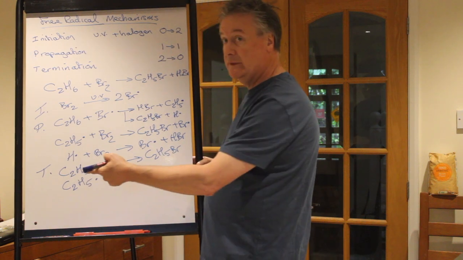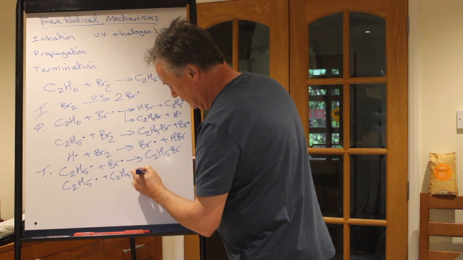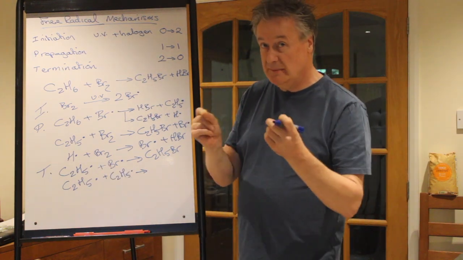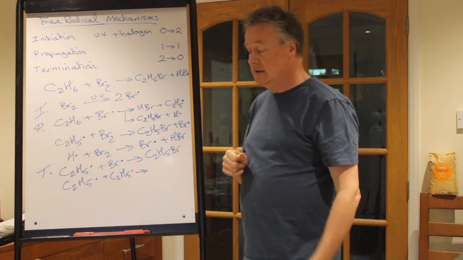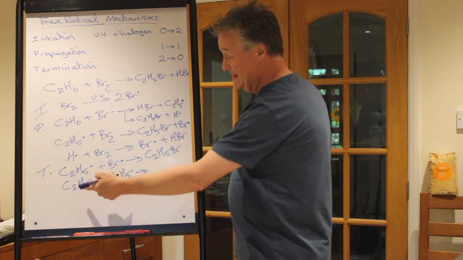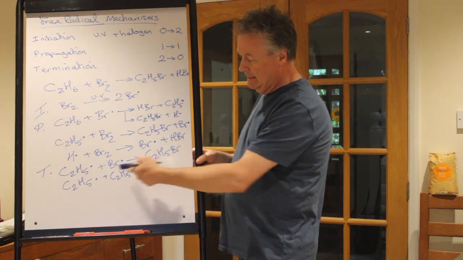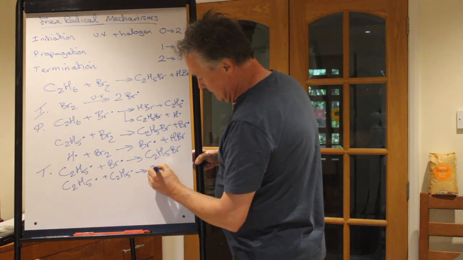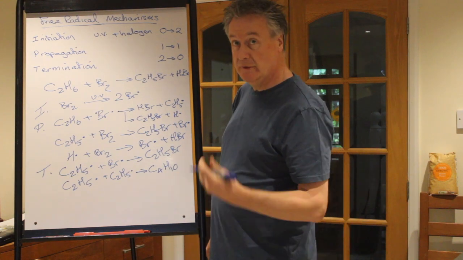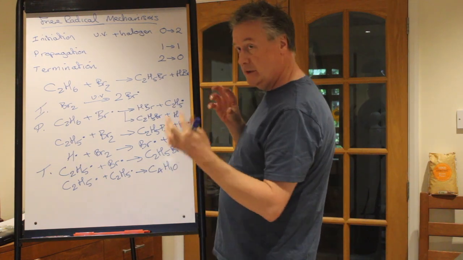I suppose I could have put a 2 in front of it, but two of those, very small number of them will actually meet up with each other, because most of the time the collisions will be with something else, and therefore you won't get two ethyl radicals, as they are called, joining together. But you put that together, C4H10, which is butane, or an isomer of butane if it's branched.